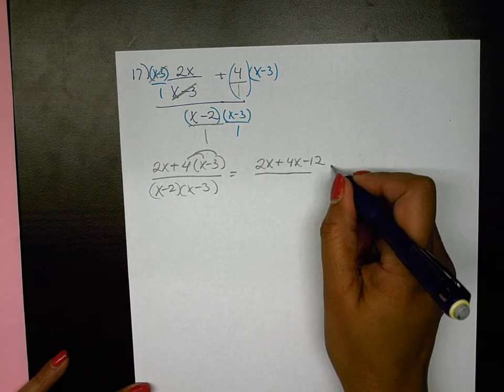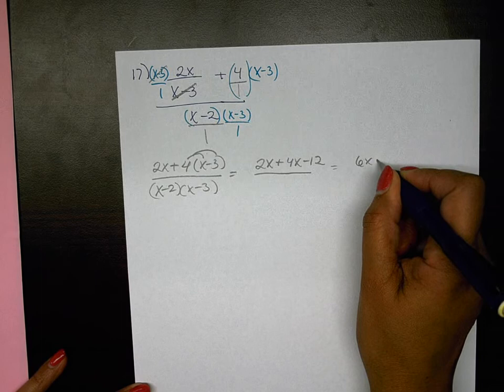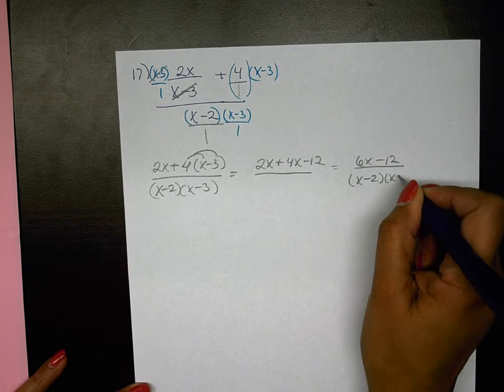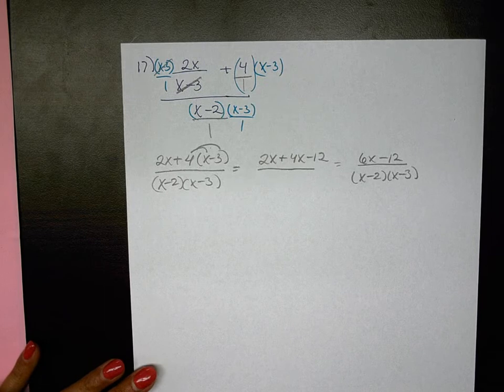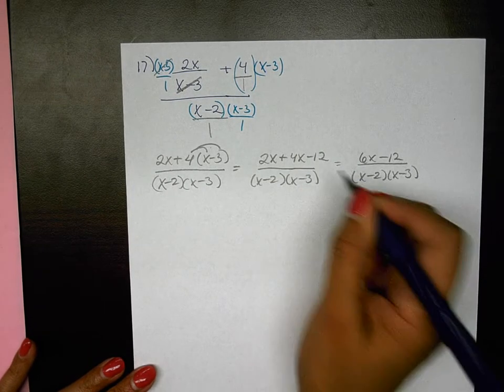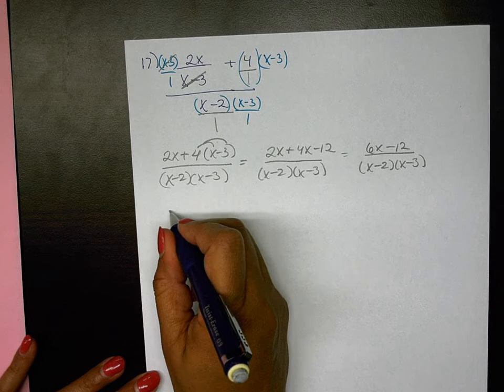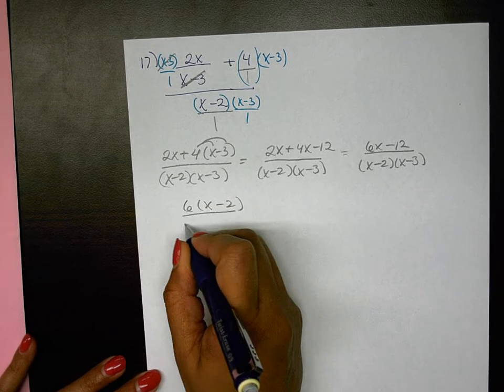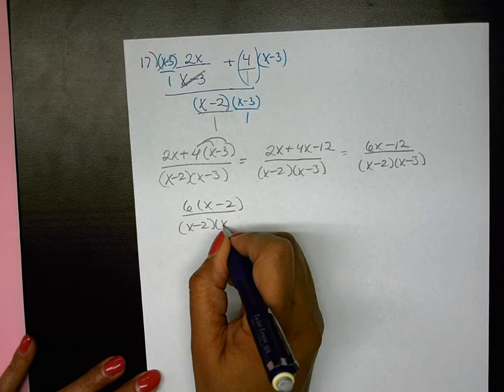That gives me 6x minus 12 over x minus 2, x minus 3, and I do have a GCF. And I do have to factor because factoring might allow me to reduce. I factor out a 6, x minus 2 over x minus 2 and x minus 3.